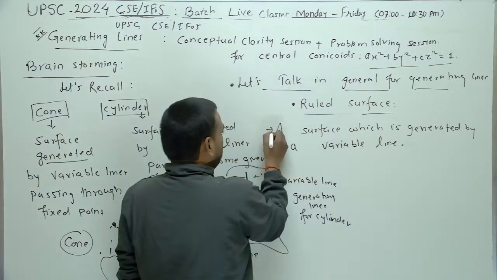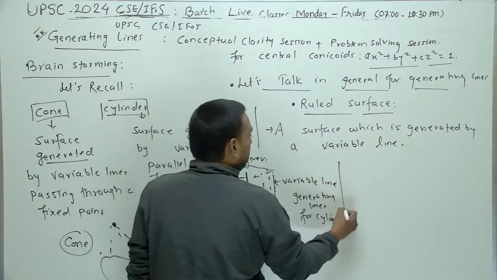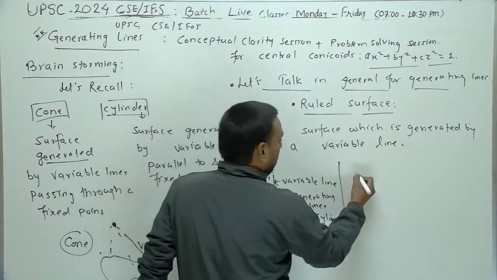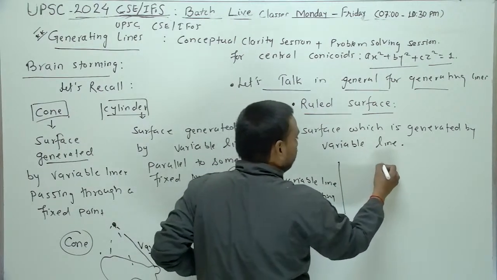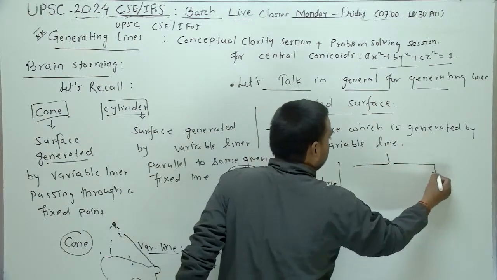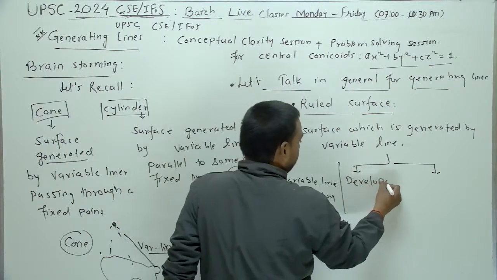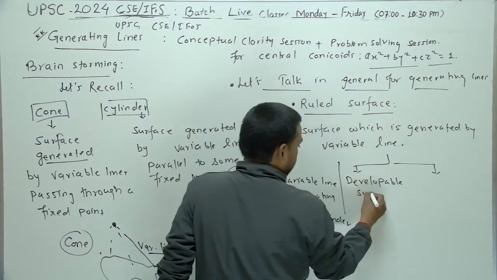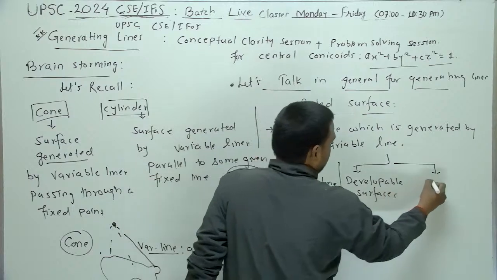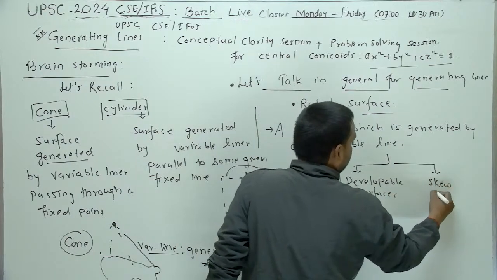Fair? So this is the ruled surface. Now I say कि ruled surface is of two types. Number one, developable surfaces, and the other is skew surfaces.